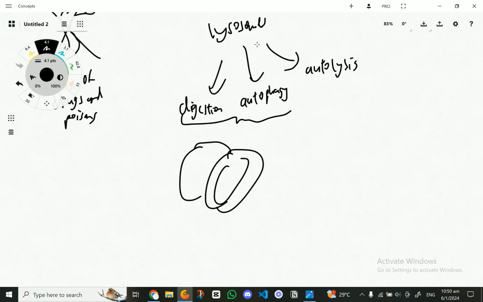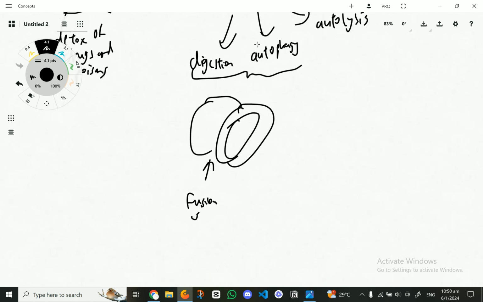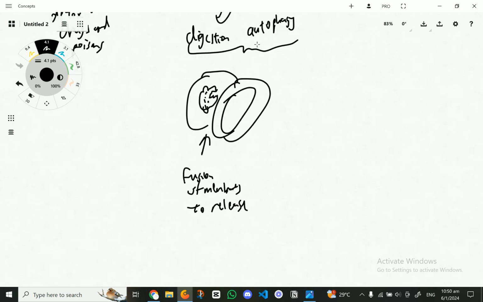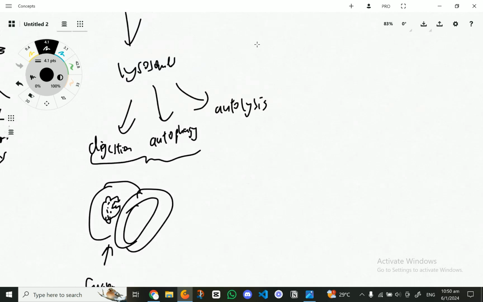So it involves the fusion of membranes to release the acidic hydrolytic enzymes, and the reason why I drew it like a lemon is because it's acidic pH.